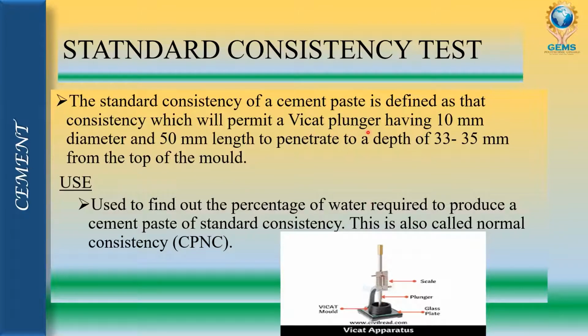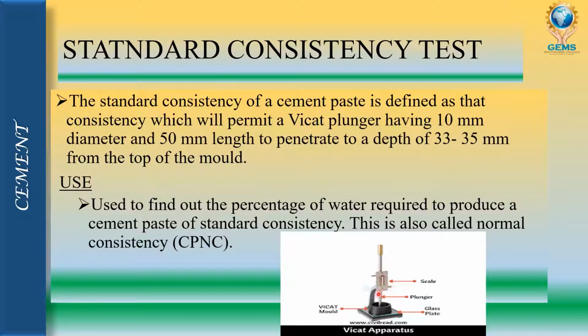The Vicat plunger having 10 mm diameter and 50 mm length should penetrate to a depth of 33 to 35 mm from the top of the mold.